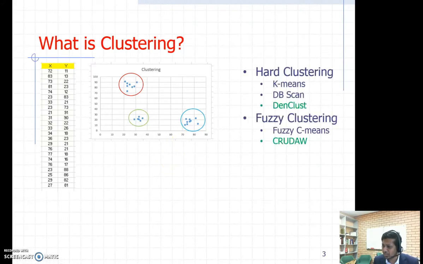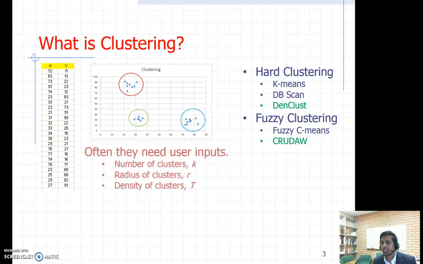There are many existing clustering techniques. Some of them are known as hard clustering and some as fuzzy clustering, but these techniques often require user input. For example, k-means, a very well-known and commonly used clustering technique, will request you to provide the number of clusters. Whenever you ask k-means to do clustering, it will say, you tell me how many clusters there are.